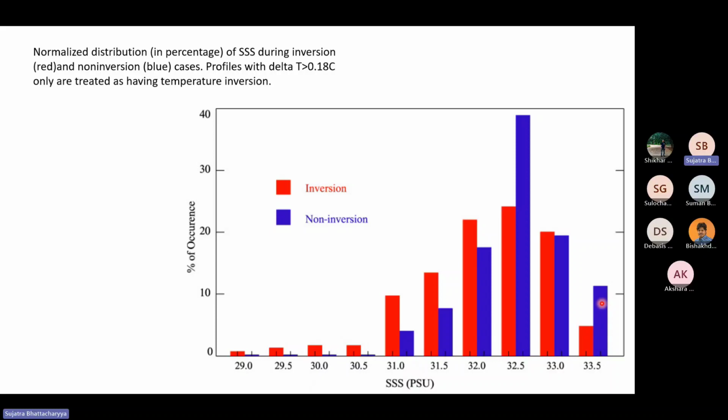The percentage, then the two should add to 100. Why doesn't it? There's something else, which is a third category, obviously. So what would that be? This is major inversion, non-inversion.